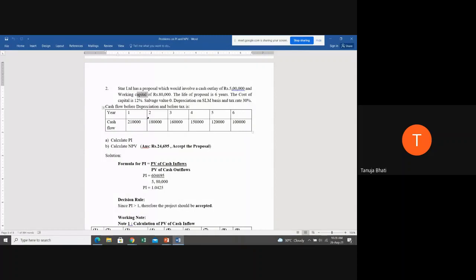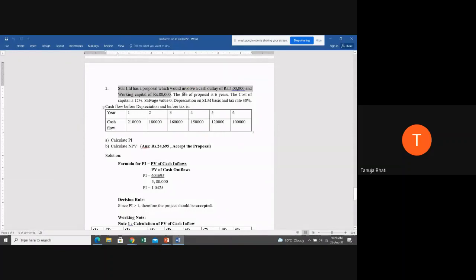Whatever money is required for day-to-day activities is called working capital, and it is your cash outflow. So can you all tell me what is the total outflow then?